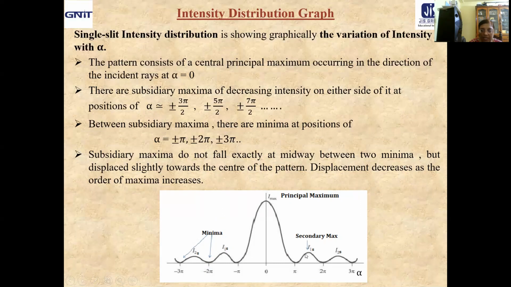Similarly here, this is the peak point. These are not exactly midway, a little bit tilted towards the central maximum, because the exact value is 1.43 pi, not 3 pi by 2, only nearly 3 pi by 2. So you have to be careful while drawing the diagram.